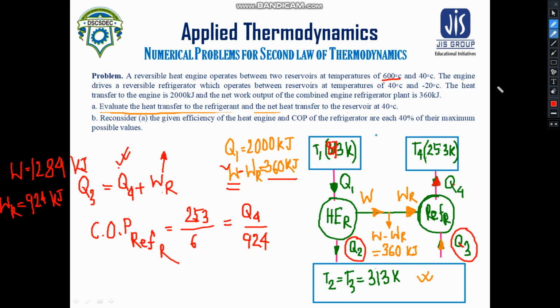Now you can carry out a very simple calculation, and you would be able to find the value of Q4, which you will obtain as 3899 kilojoules.